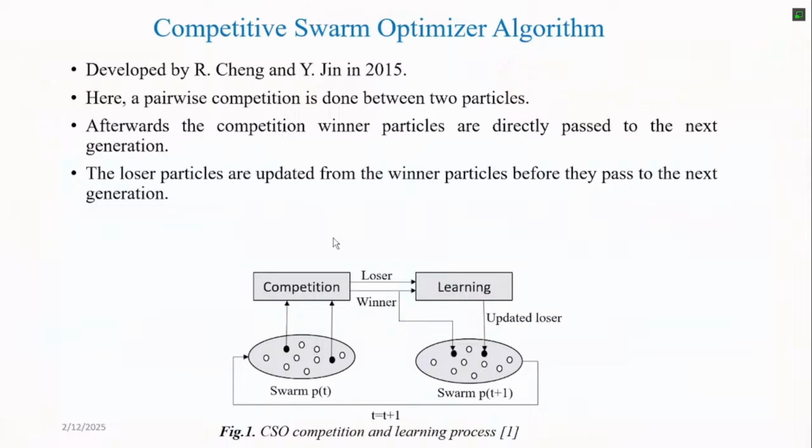But with this algorithm, the concept of local best and global best is not there. It is done based on competition. So there is always a competition, and when there is a competition, we get one best and one worst solution, and based on that we are able to identify our optimal solution.